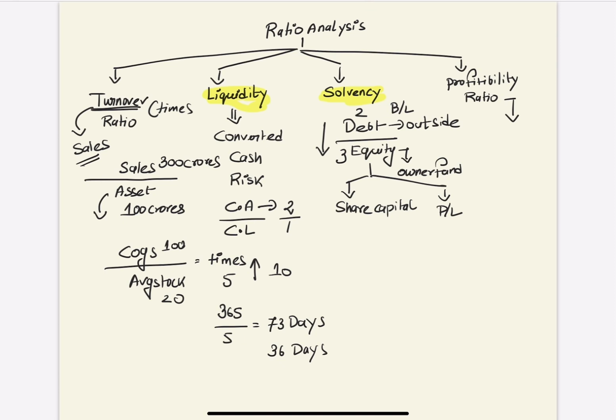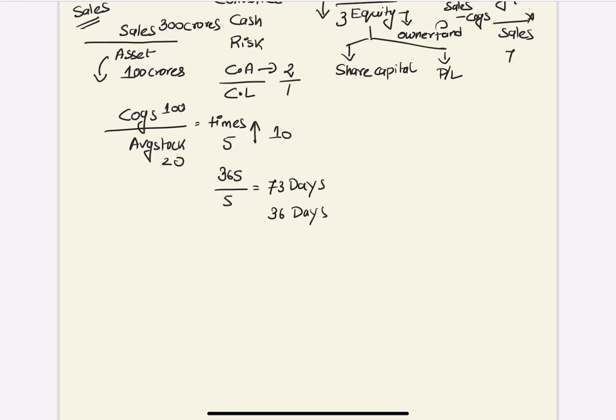Profitability ratio means how much profit you are making. We know in class 11 that gross profit is there. Gross profit means sales minus cost of goods sold, divided by sales. How much gross profit is there? If the gross profit is more, suppose say it is 70%, obviously what will happen?